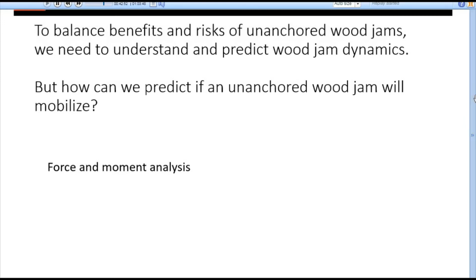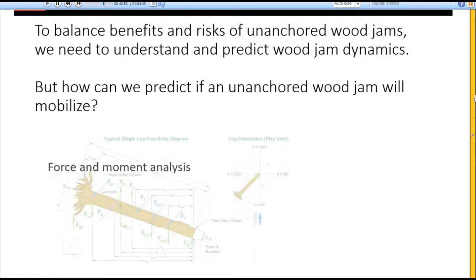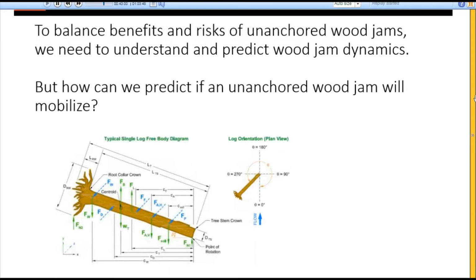The first, and I would argue the most thorough, would be force and moment analysis. So thinking about a jam, figuring out the density and the dimensions of every single key piece in that jam, every single log that holds it together, estimating the hydraulic forces acting on these logs, doing some hydraulic modeling, and then trying to predict under what flow conditions these logs will mobilize downstream.